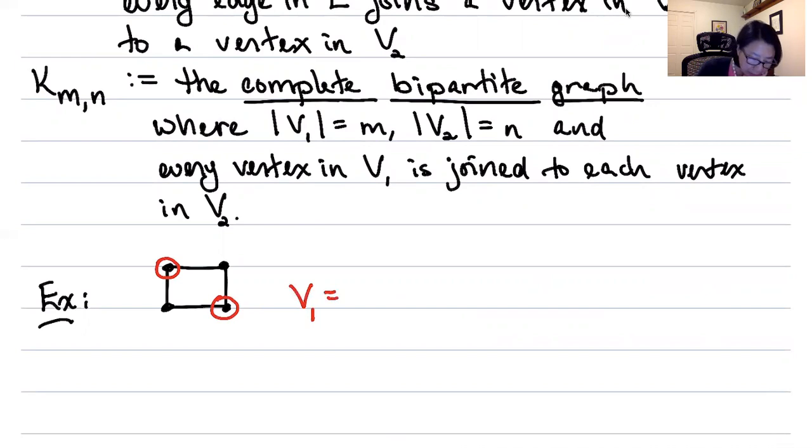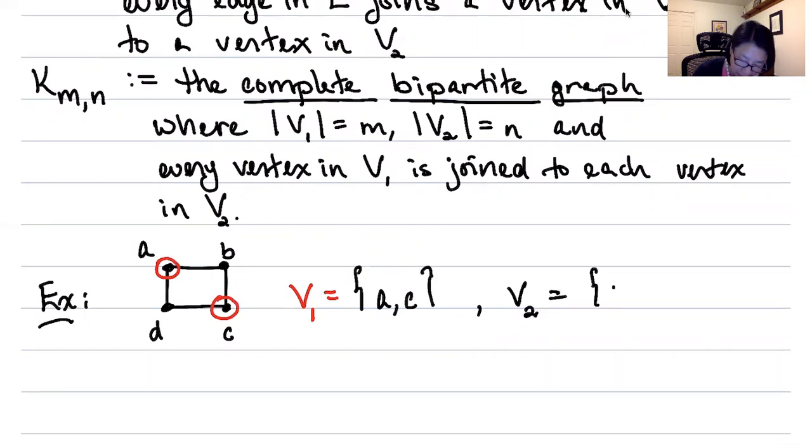So maybe I'll name these vertices A, B, C, D. The set V1 contains the vertices A and C. The set V2 contains the vertices B and D. And what I can see is that all of the edges in this graph join vertices in V1 to vertices in V2.